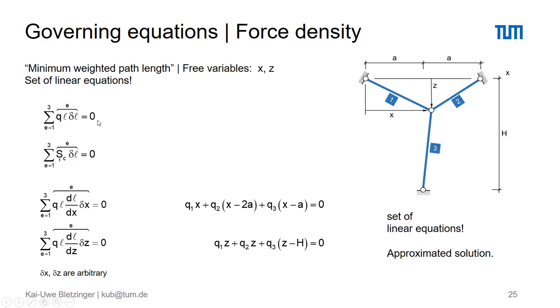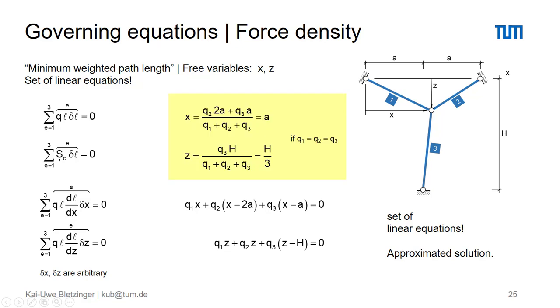Following this idea, as before, the force density method, we arrive at these two equations, which further on appear, of course, to be linear in terms of x and z, the two unknown free variables. And if we solve that, we receive these results for x and z, again as functions of the width and the height of our structure, but also as a function of the given force densities.